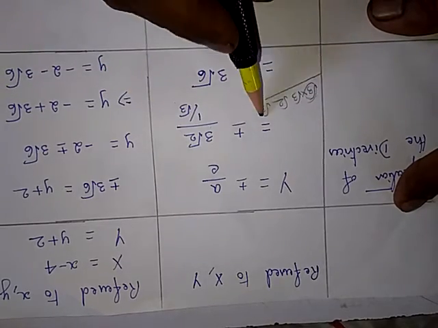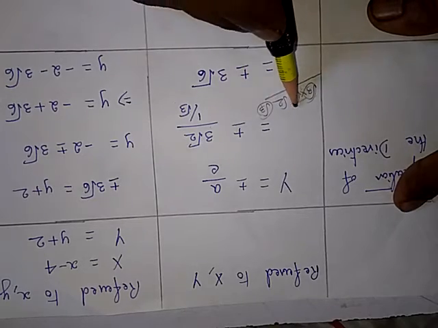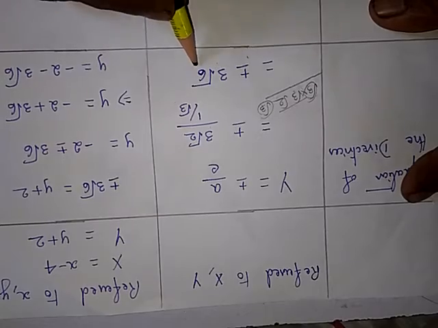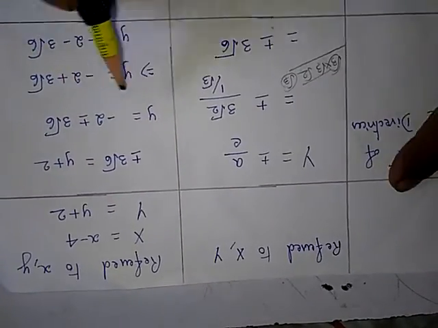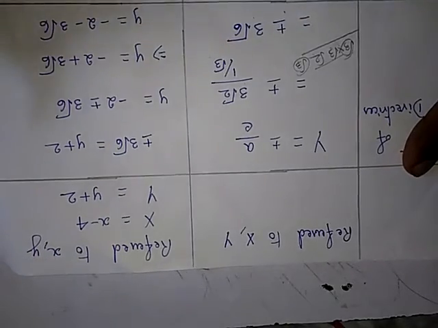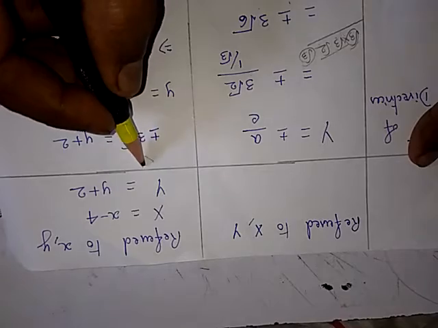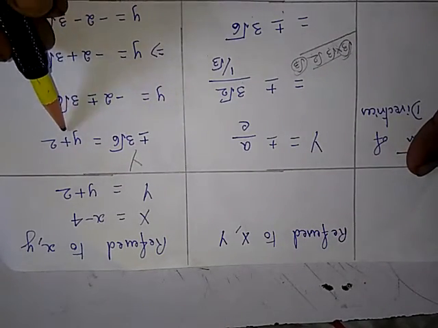Now root 3 into root 3 is 3, so this can be combined together. 3 into 2 is 6, so plus or minus 3 root 6 for this capital Y. So capital Y is equal to y plus 2, which is plus or minus 3 root 6 is equal to y plus 2.